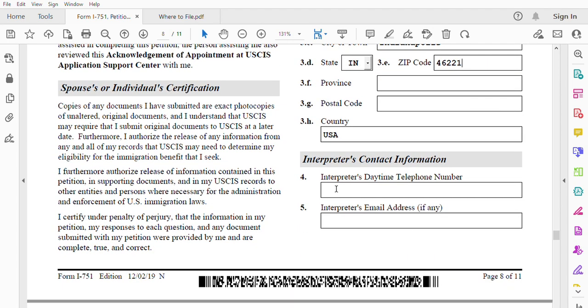Contact information: the phone number is 317-22222, that's a fake phone number. Interpreter email address is br@gmail.com. I don't know why it doesn't let me enter the full email address.